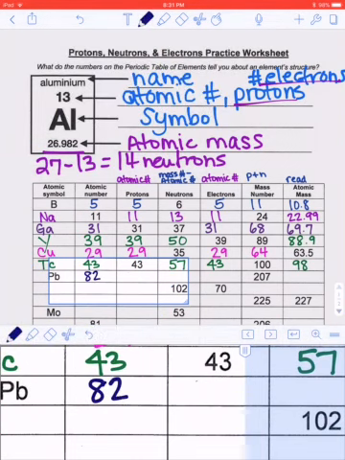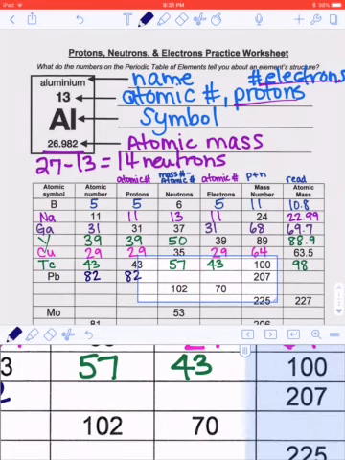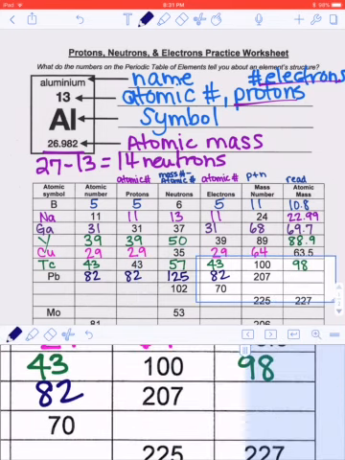82. So that means it has 82 protons, 82 electrons. So, number of neutrons, we have to figure out. So 207 minus 82. I'm going to do this on my calculator so I don't mess it up. So 207 minus 82 gives me 125. Okay? And it says, what is the atomic mass from the table?